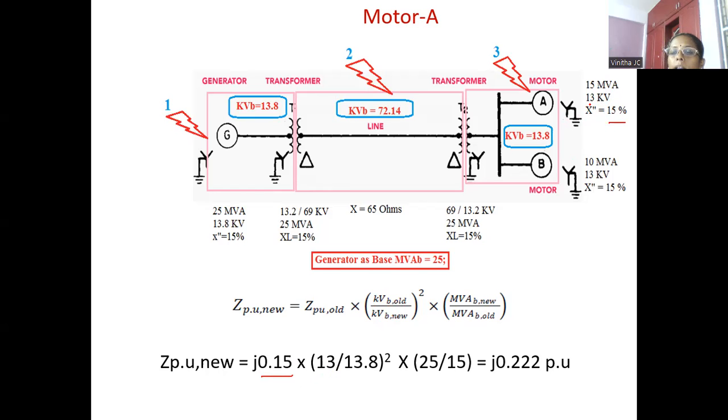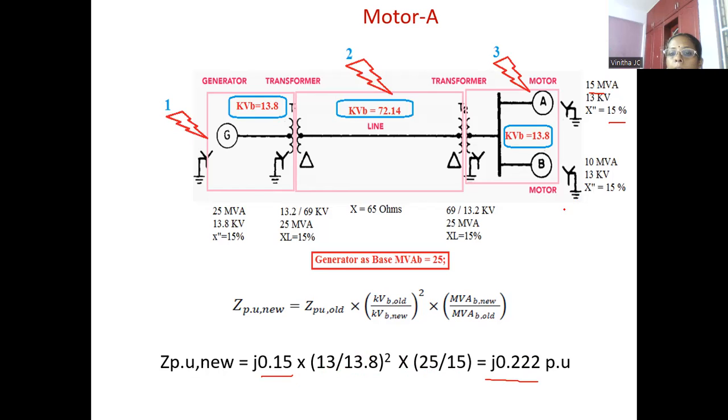What is old KVB? It is 13. What is new KVB? It is 13.8. So substitute the values here, and then substitute the values for MVAB new and old. New is the same, it is 25 MVA. And what is the old value? For the first motor, it is 15. If you substitute all the values and calculate the per unit, we will get the answer J0.222.